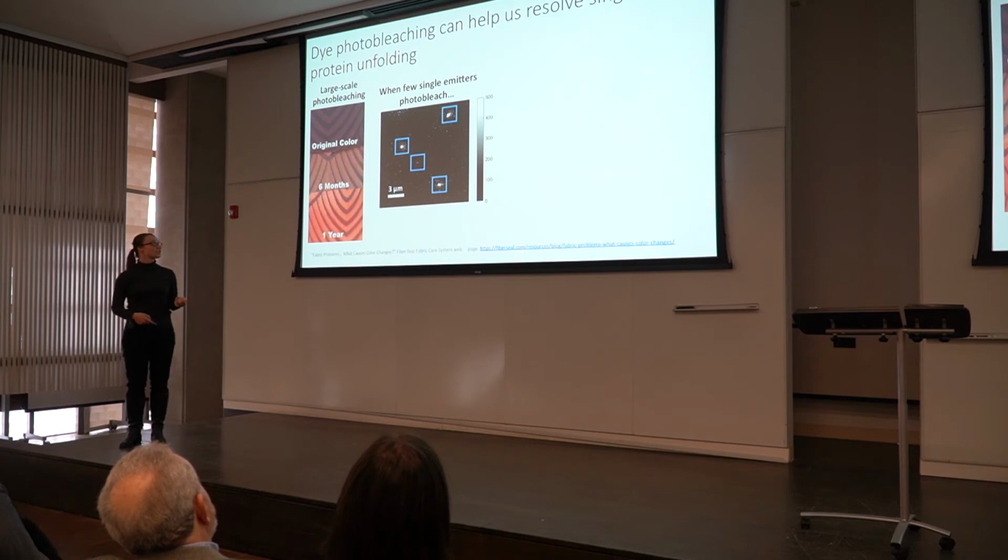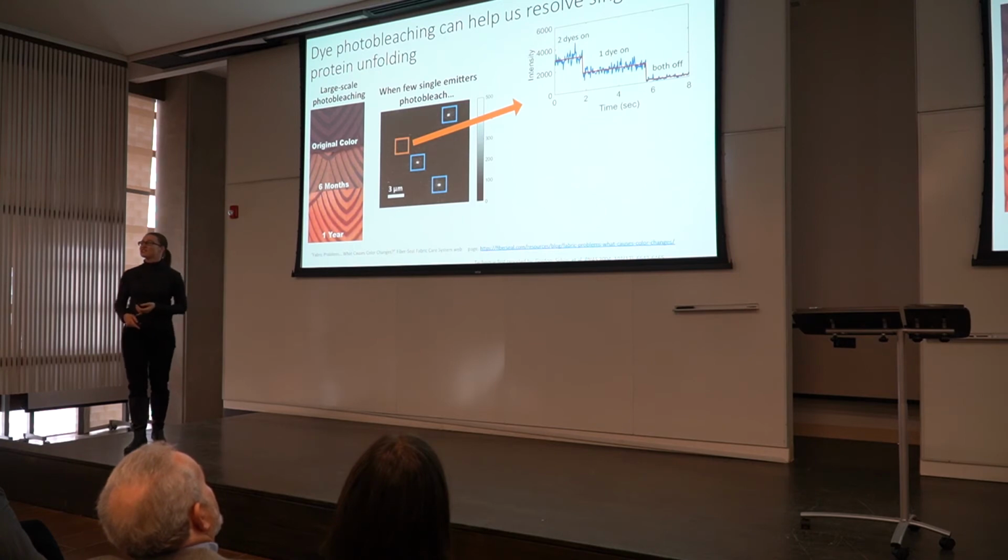So I have multi-labeled proteins here with multiple dyes on them, and if we watch them over time, we see as they photobleach, they disappear. If we look at the intensity trace of one of these protein molecules over time, you can actually identify these distinct states when we have two dyes on, one dye on, and then nothing left at all.